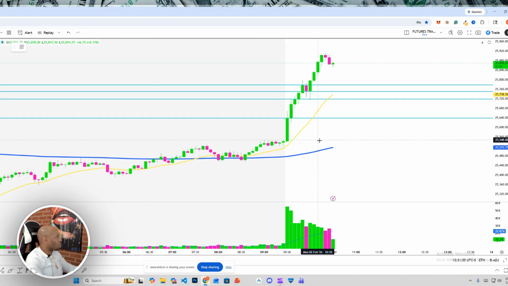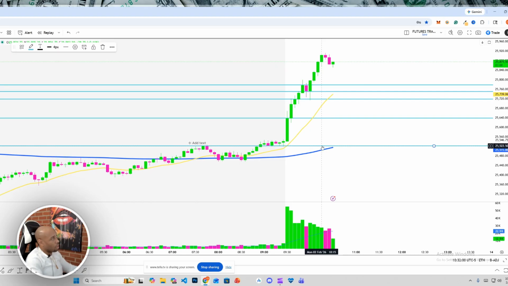I don't like my chart to be cluttered. However, I draw the levels that I feel are truly necessary. But if I could do it with no drawings on my chart, I really would. But I'm not there as a price action trader. So maybe one day. At this moment, I'm not.